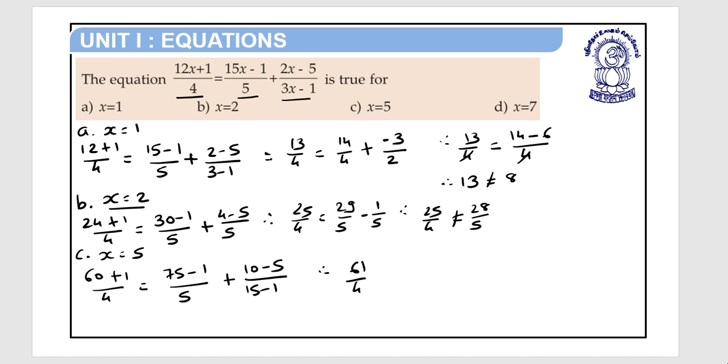So 61 by 4 is equal to 74 by 5 plus 10 minus 5, 5 by 15 minus 1, so 14.